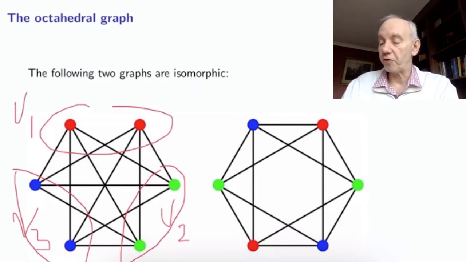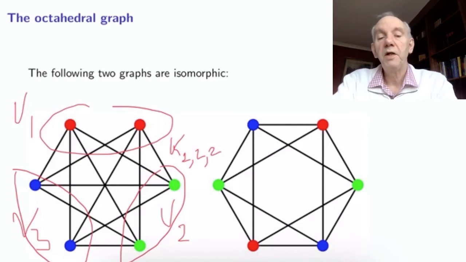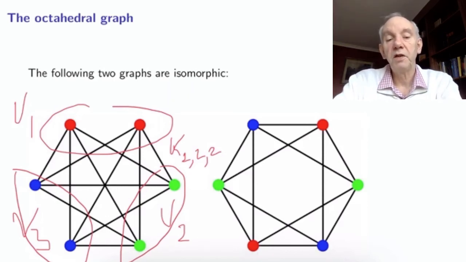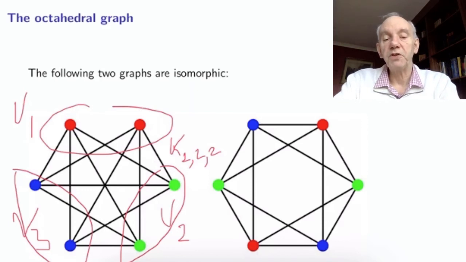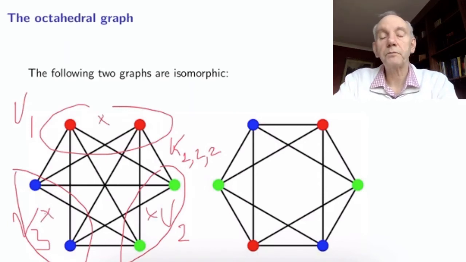So in a sense, this could also be called the complete graph K222, in the sense we've got 3 subsets, each of size 2, and we've got all possible edges between vertices in different subsets. But we're not allowed to have edges within each subset. In fact, I've removed the edges here which would violate that constraint. So that's an example of a tripartite graph.